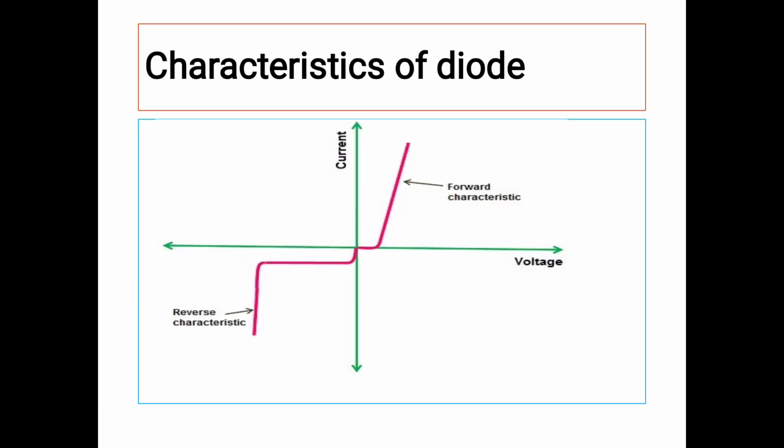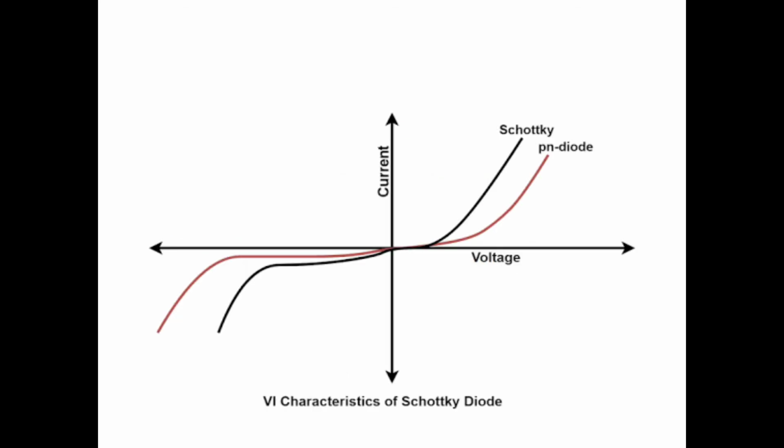Now we will see the characteristic of the Schottky diode. So you can see this is the characteristic of the Schottky diode. It will be very clear from the next figure. This is the forward characteristic of the normal p-n junction diode, in which we require a potential drop of 0.6 to 0.7 volt, but in the case of the Schottky diode the potential drop is very low.